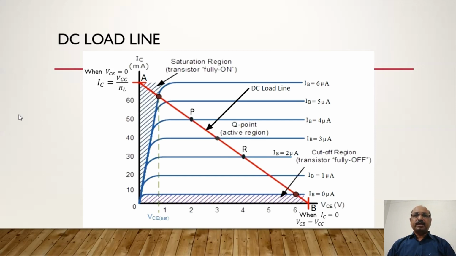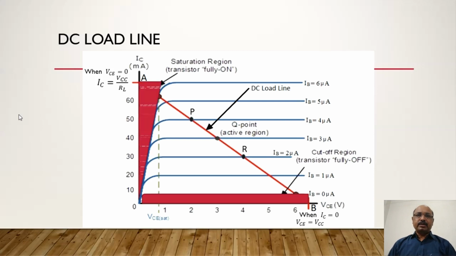See, this region is the cutoff region, and in this region the transistor is in cutoff mode, or fully off, because both junctions of the transistor are reverse biased. Now this region is the saturation region.